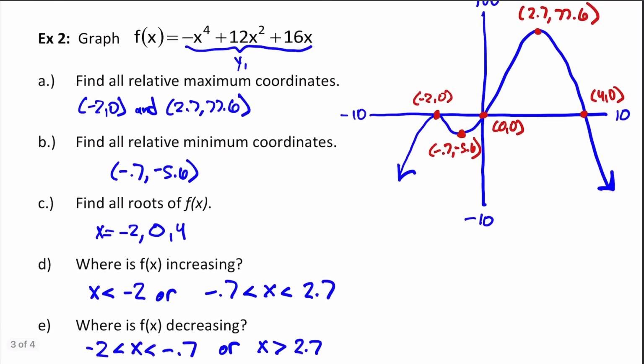This interval is this piece right here, decreasing from negative 2 to negative 0.7. The other interval decreasing is this one here, which is basically x is greater than 2.7.